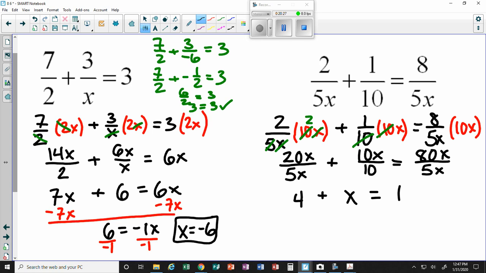Goes in 6 times. 30 divided by 5 is... Okay? So now, subtract 4. X equals 12.